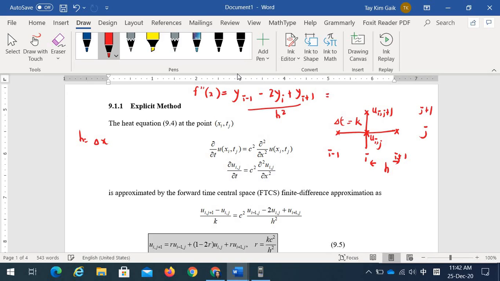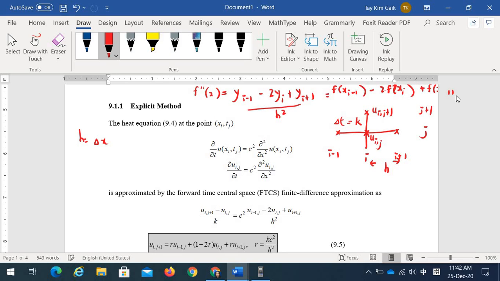Or sometimes y_i minus 1 is f(x_i minus 1), minus 2f(x_i), plus f(x_i plus 1).